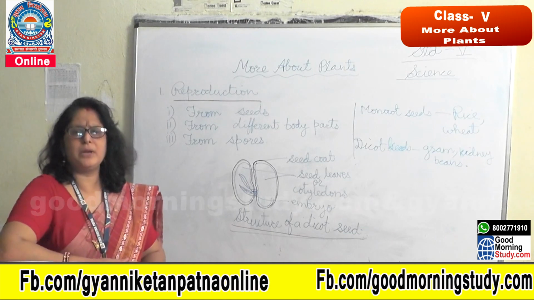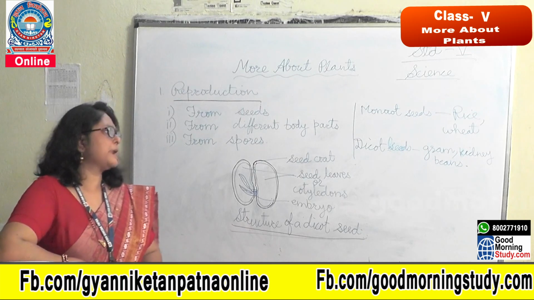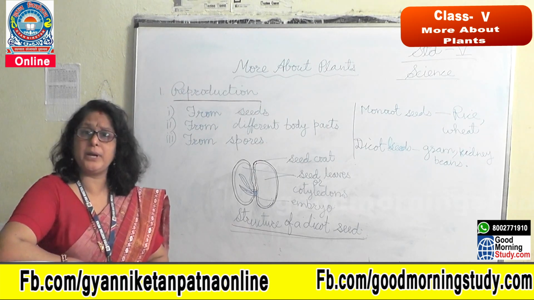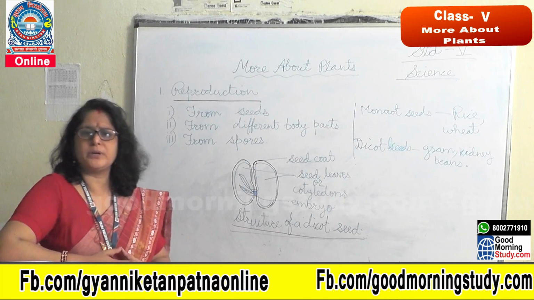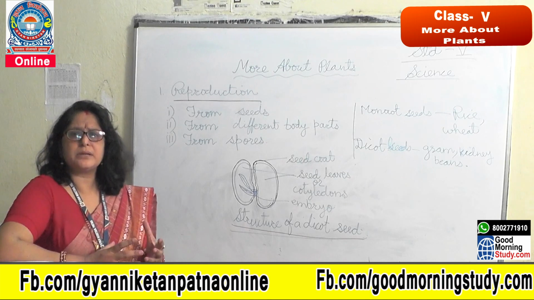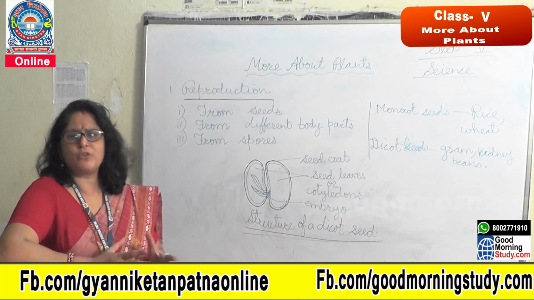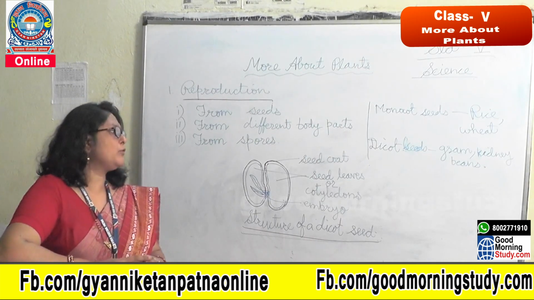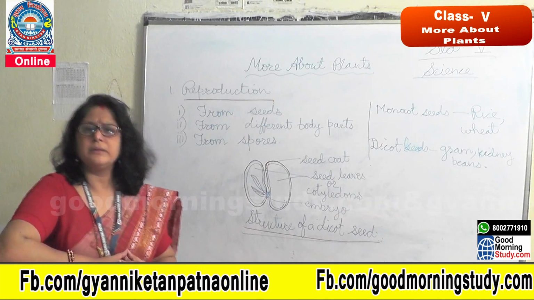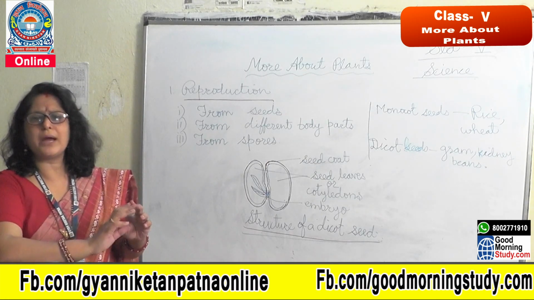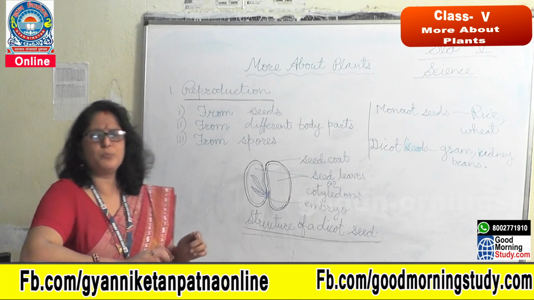Whenever your mother soaks this gram or moong or kidney beans in water, you will see that it swells up and becomes softer, and its seed coat also becomes softer. When you remove the seed coat, you will see that inside the gram there are two white colored structures under the brown part.